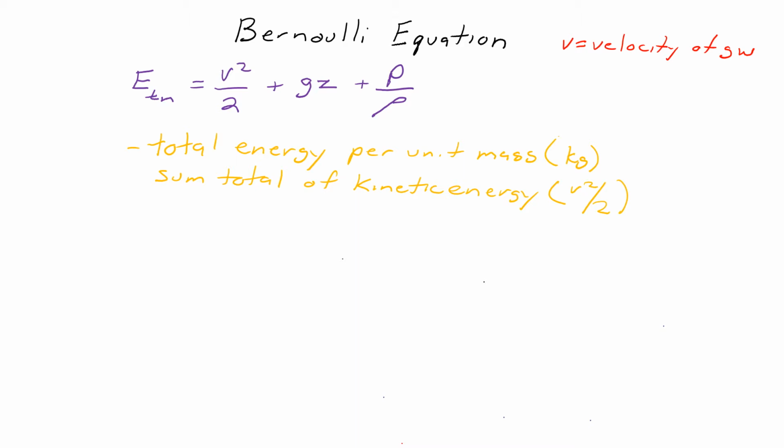But remember, because groundwater typically moves really slow, centimeters per day, when you compare these different terms in the Bernoulli equation, because groundwater is so slow, that term is usually very small, and we can ignore it for most applications.